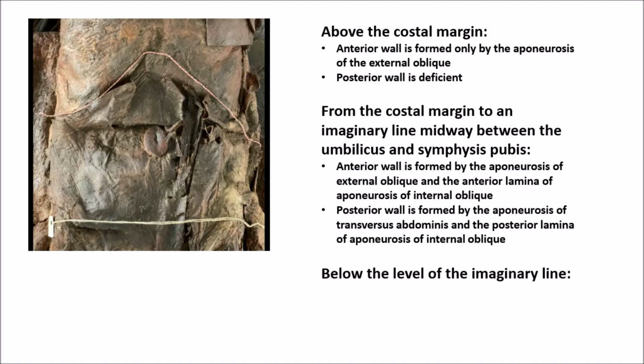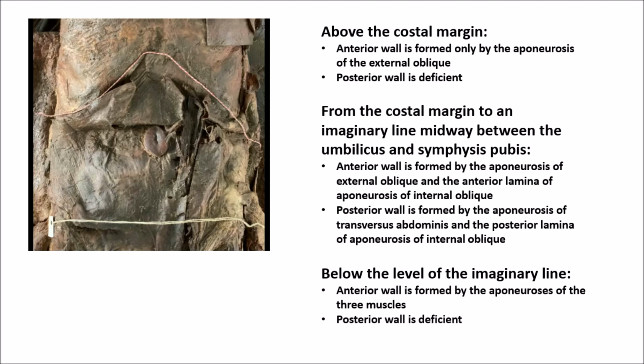Below the level of this imaginary line, the aponeurosis of the internal oblique doesn't split, but together with that of the transversus abdominis and the external oblique, it forms the anterior wall. So here the anterior wall is thickest and the posterior wall is deficient.